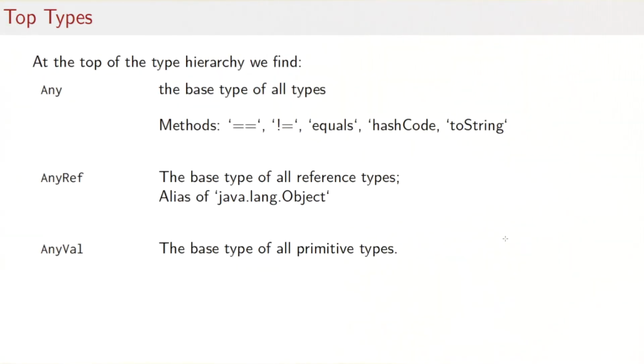Looking again at the top types in the hierarchy, we have three of them: Any, AnyRef, and AnyVal. Any is the base type of all types, and it's also the type that defines certain universal methods. We have already used equality, ==, and its opposite, !=. Those are actually methods that are conceptually defined in this type Any. And those methods actually map to their Java equivalents, which would be written equals.